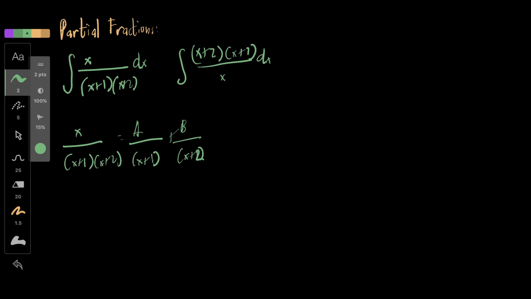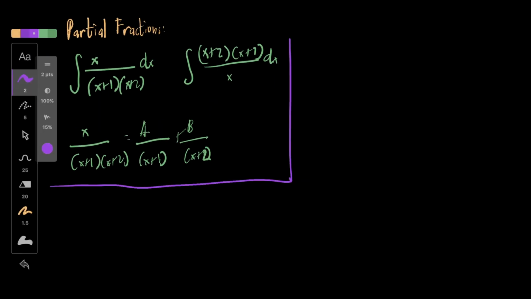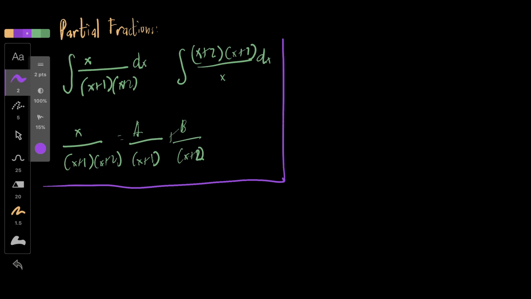So let's go on to what different types of partial fraction decomposition there are, and then we can move on to an example. Alright, so there are four main methods. Method number one, which is very similar to what we have here: you have the integral of p of x over ax plus b times cx plus d dx.